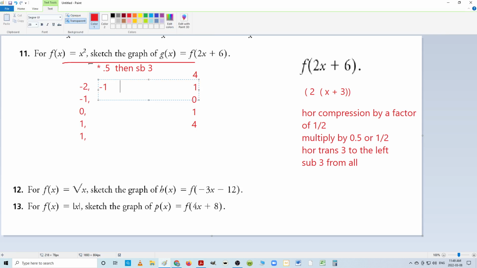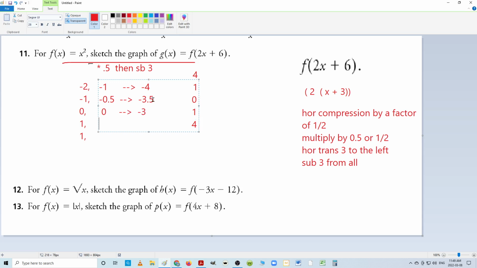Then when I subtract 3, it becomes -4. What's -1 when I multiply by 0.5? It's -0.5. When I subtract 3, it becomes -3.5. What's 0 multiplied by whatever? It's 0. And that becomes, when I subtract 3, -3.